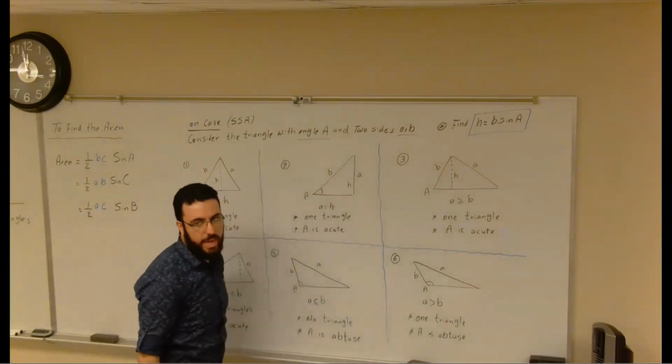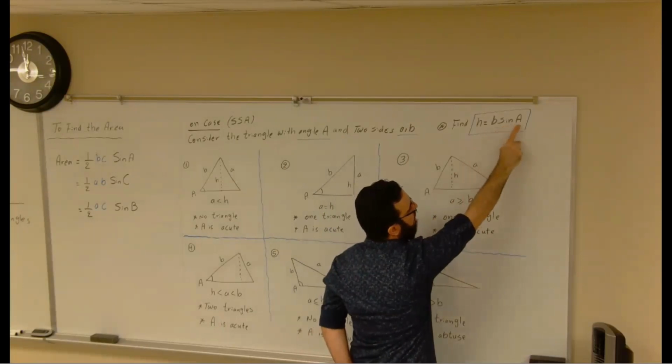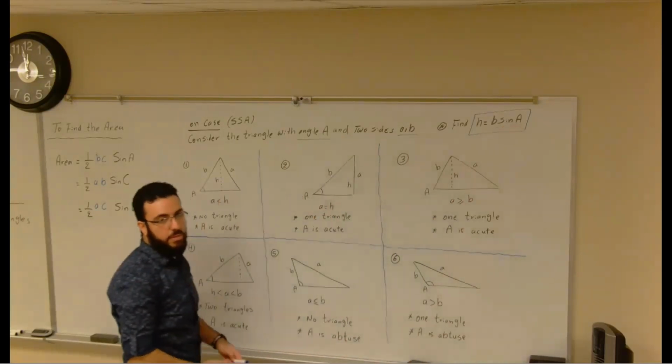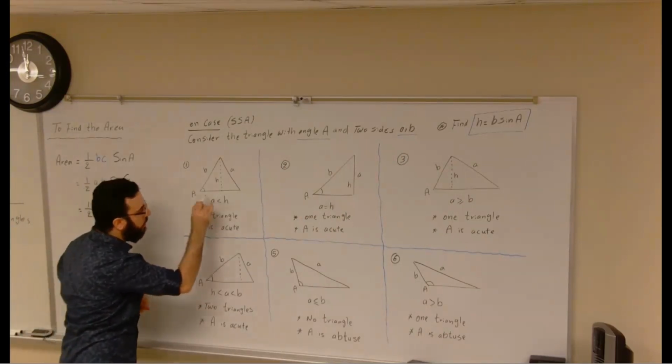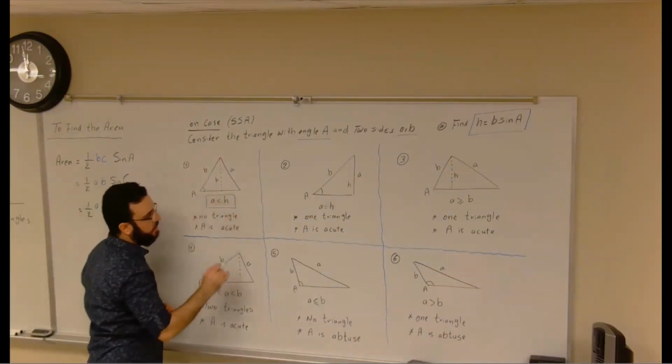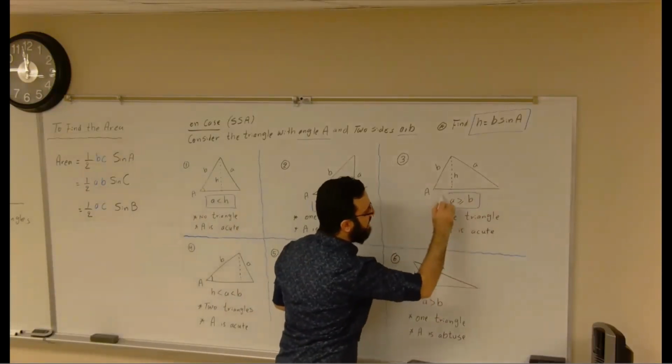How are we gonna find the height? We're gonna say it's the side B sine the angle A. Then you're gonna find the height. You're gonna focus on these cases. What's the important part here?